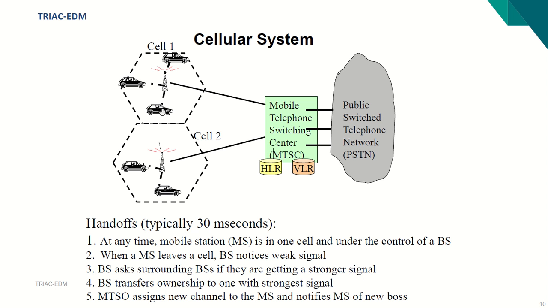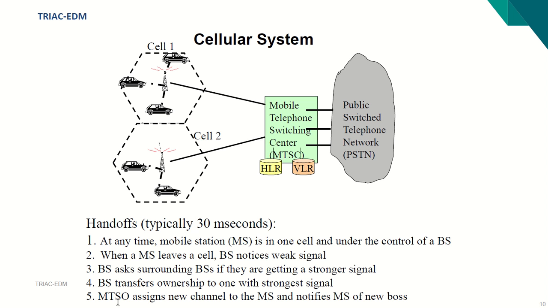For example, if this guy is moving at the boundary, then he is going to lose the original base station pretty soon, and then get stronger and stronger signal with the neighbor base station. So the base station will ask if a surrounding base station is getting a stronger signal. Then the base station transfers its ownership to the one with the stronger signal.